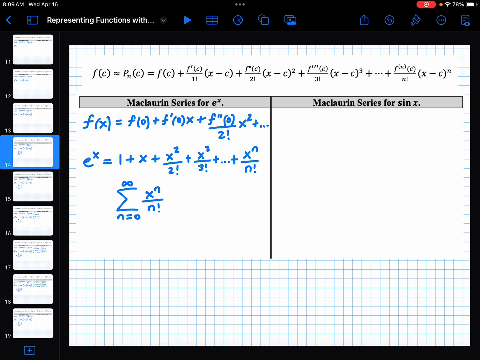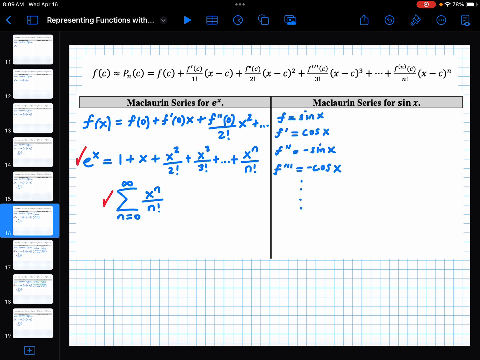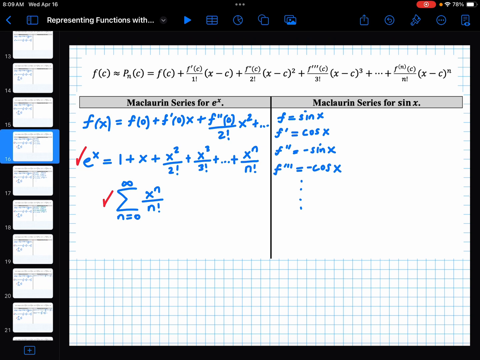All right, like I said, you have to memorize those two. We're going to look at the Maclaurin series for sine of x, but before we do, remember the sine and its first few derivatives look like this, and then the pattern repeats over and over again. If I substitute in an x value of 0, something interesting happens here.